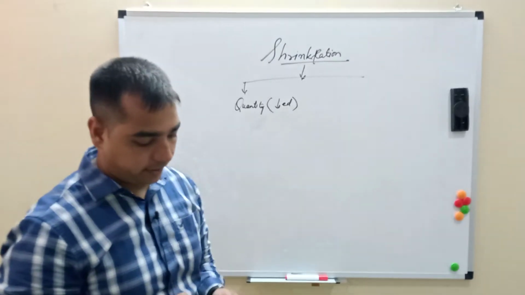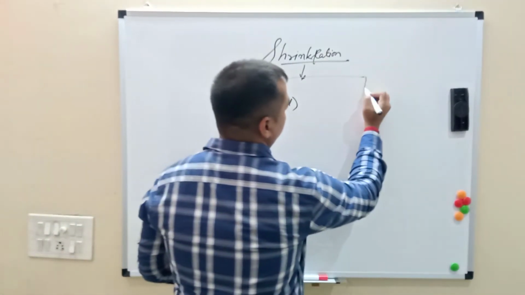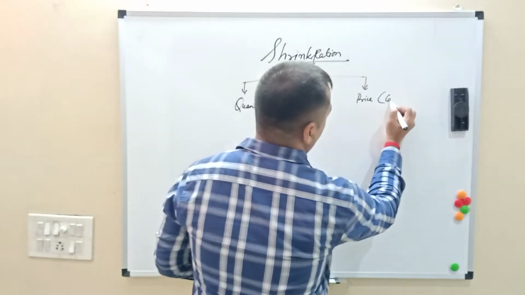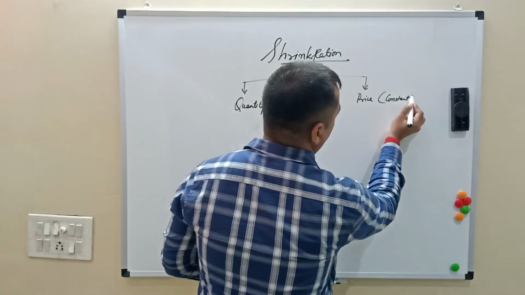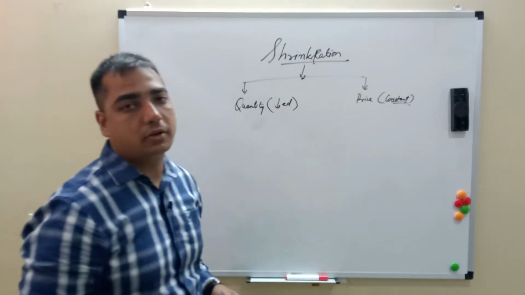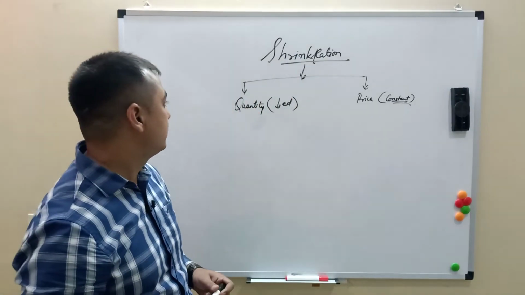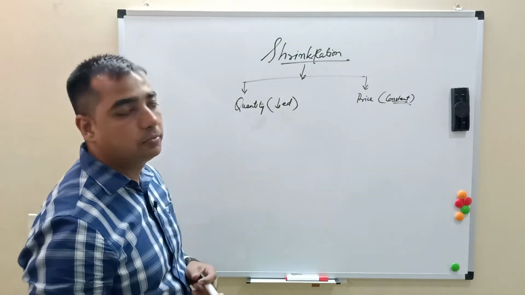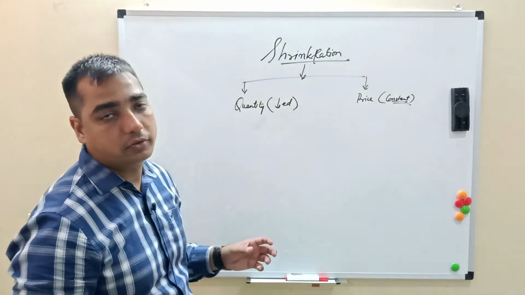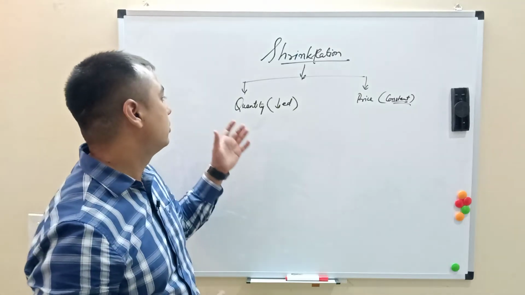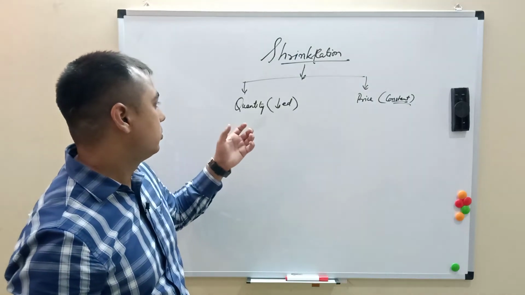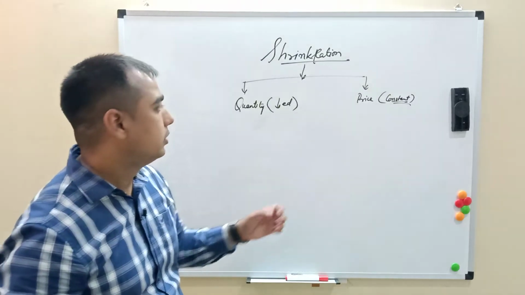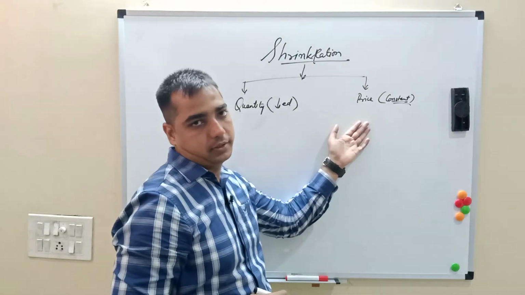Stealthily means silently, but the price remains constant. Shrinkflation is a concept in economics in which the quantity of the commodity is decreased stealthily, that is secretly, without changing the price.